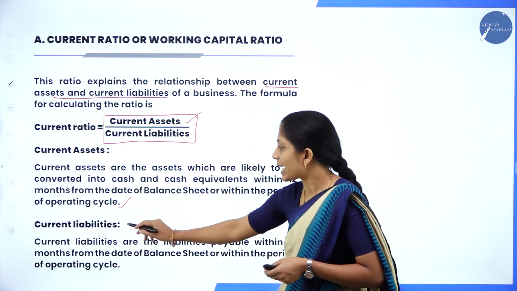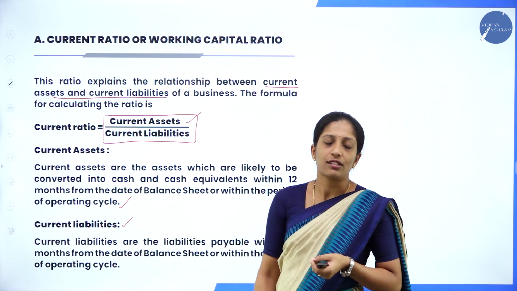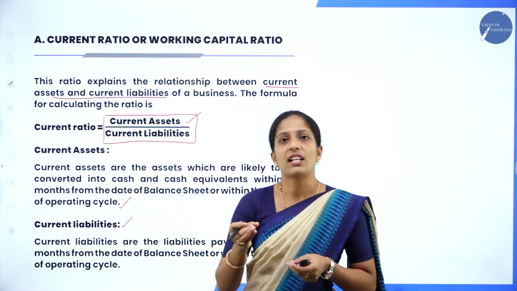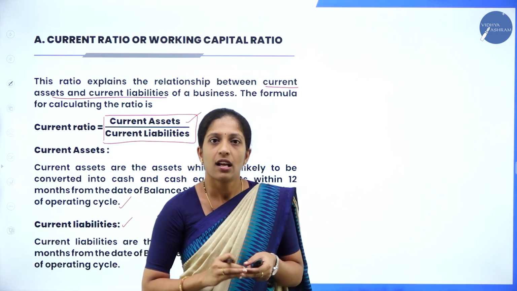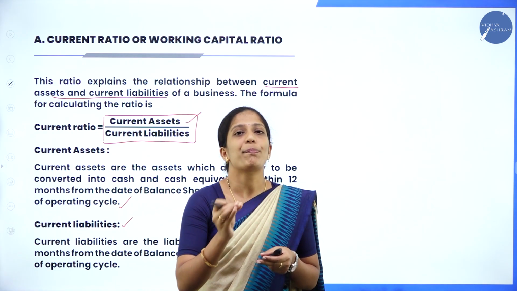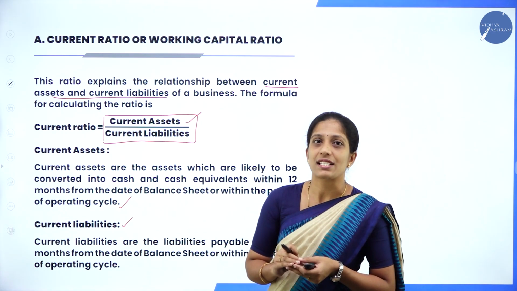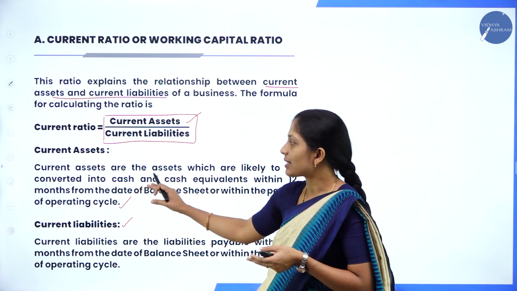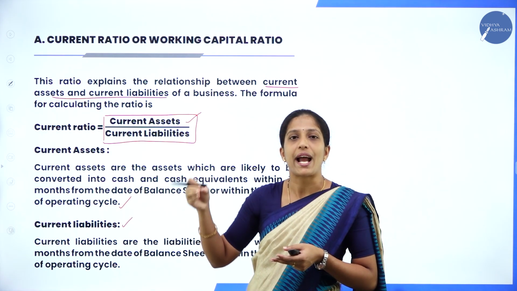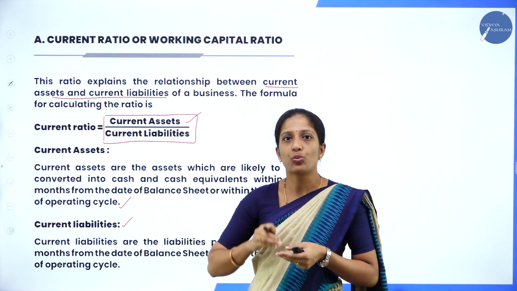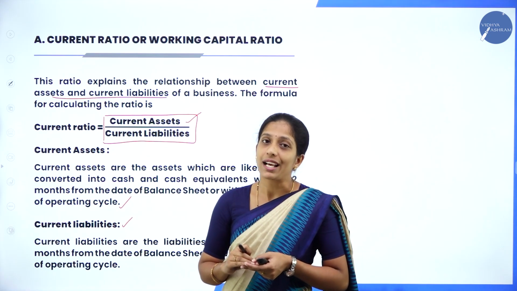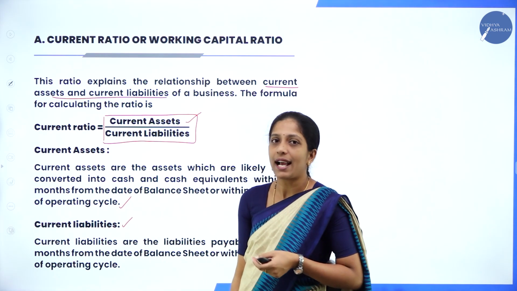Now let us see what current liabilities are. You know liability means the amount that has to be paid to the outsiders. Current assets can be converted into cash or cash equivalents within 1 year. Then what are current liabilities?